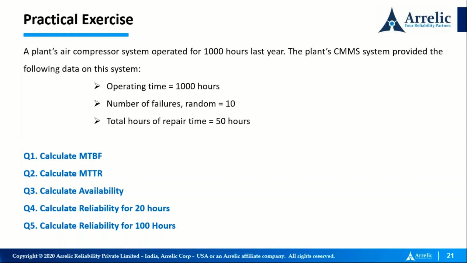So again, calculating MTBF, 1,000 over 10 equals 100. Calculating MTTR, 50 over 10 equals 5. Calculating availability, then calculate reliability for 20 hours, calculate reliability for 100 hours.